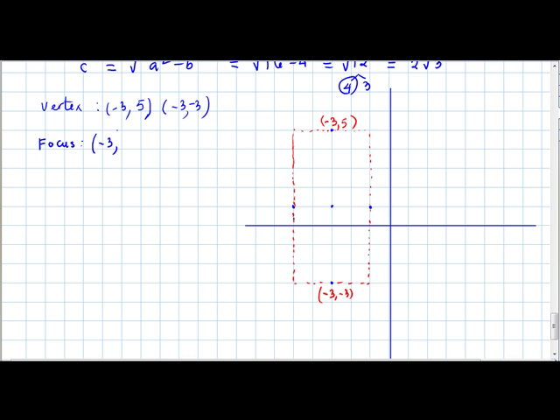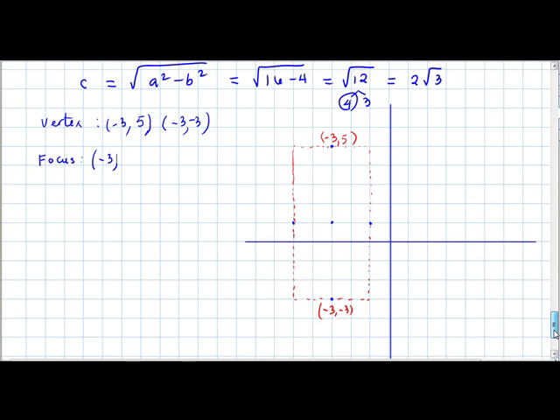And then our C is 2 times square root of 3. So right here is our center, minus 3, comma 1. Our focus is along the major axis. Right here is our major axis. Right here is our minor axis. Here is our minor, and here is our major axis.